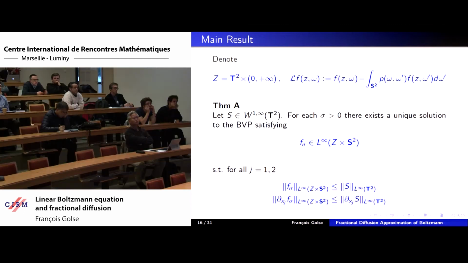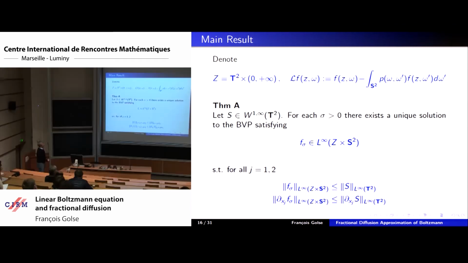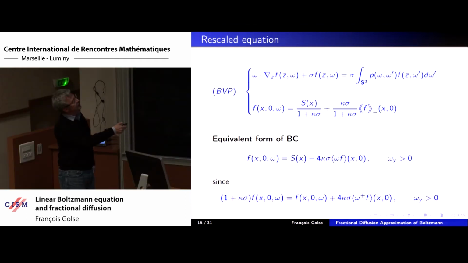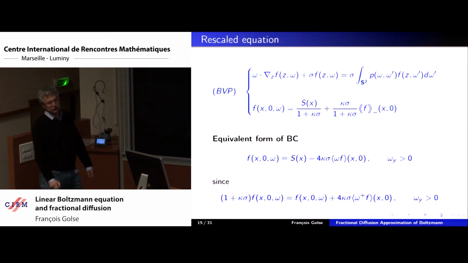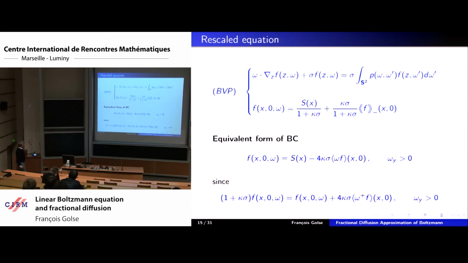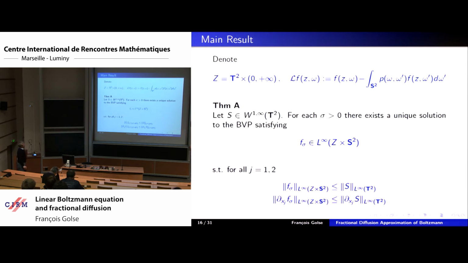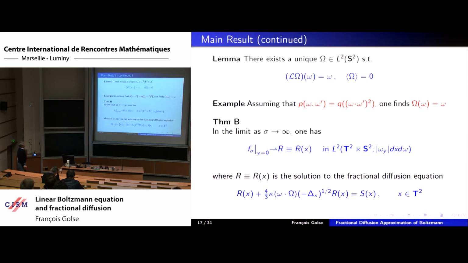And not only that, but the tangential derivatives are also going to be uniformly bounded as sigma tends to infinity in z and omega. So if you want, this is the fact that this boundary value problem is well posed and the solution is uniformly controlled in terms of sigma, as sigma tends to infinity.